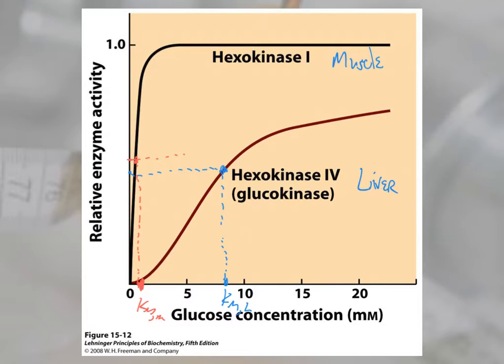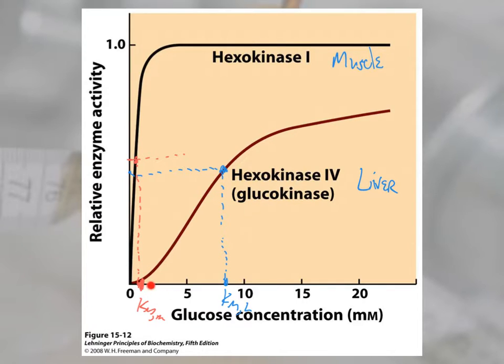Is it going to have glycolysis when the concentration of glucose is small, or is it going to wait until the concentration of glucose is really high? And we're talking about blood glucose level here. And so that's when the liver's going to get it.